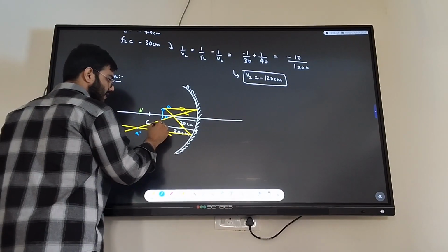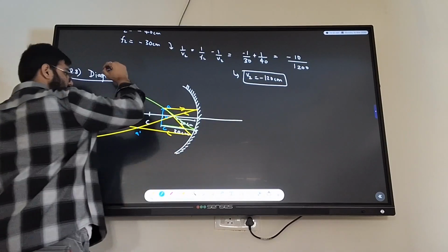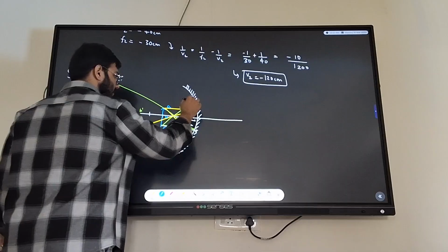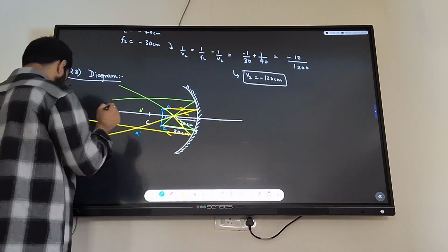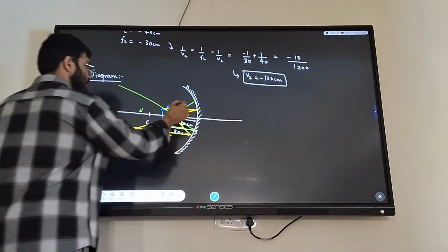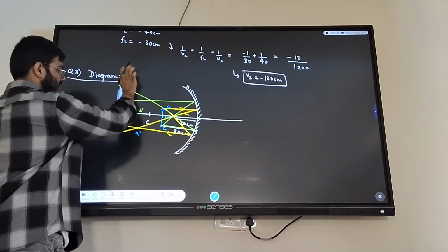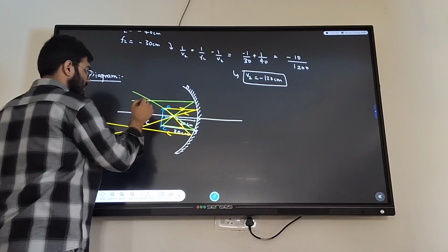Where should the C prime be? Above. For C prime, one of the rays is parallel to the principal axis, going like this. This is a sloppy one. This is not good. So, hopefully this will do.